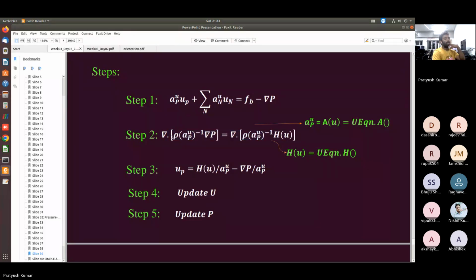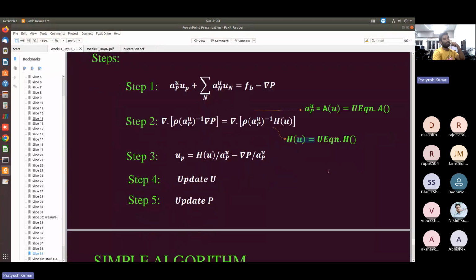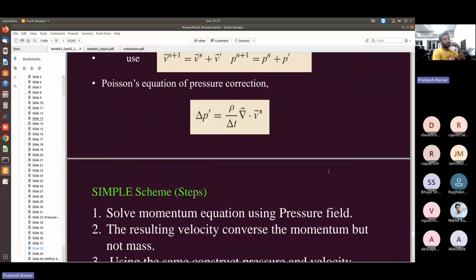So rho times the inverse of aP times delta p equals rho times aP inverse times H of U. Now this aP in OpenFOAM is denoted as UEqn.A(), and this H of U is known as UEqn.H(). So H of U is the source term minus the complete neighboring cells values. I think I have included one slide.